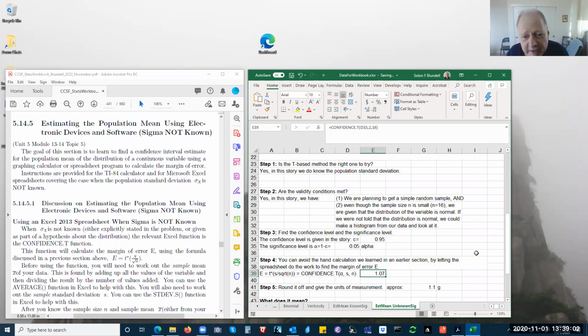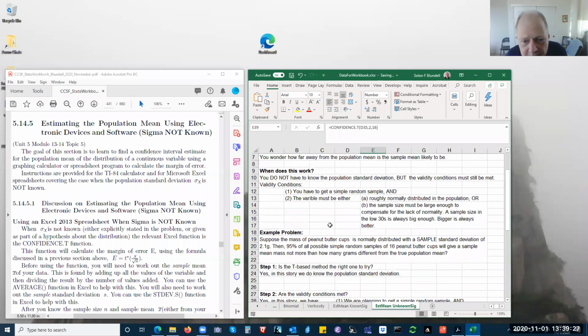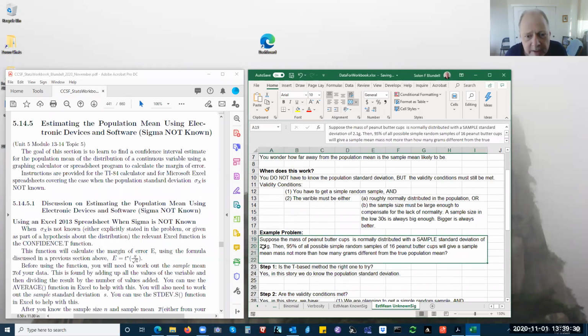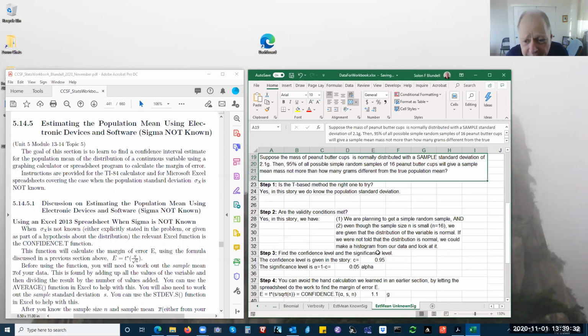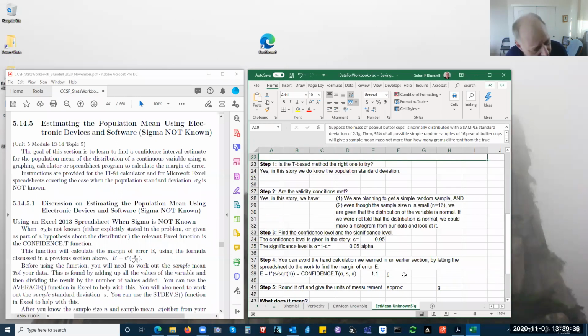I'd say my margin of error was 1.07 grams. No, I don't. I show the same number of digits past the decimal point that I had in my sample standard deviation.